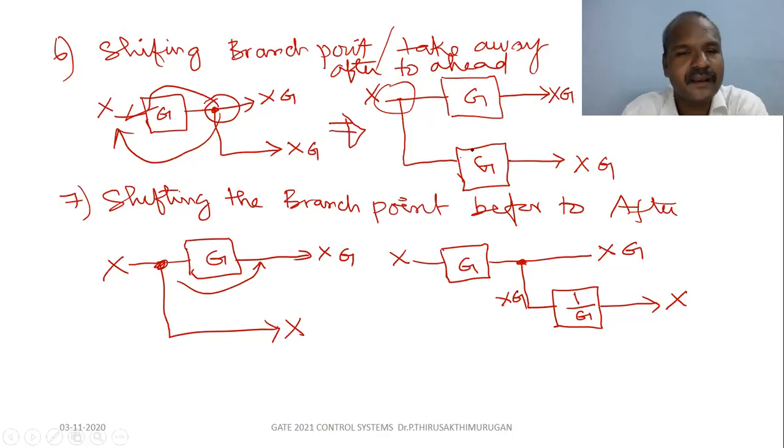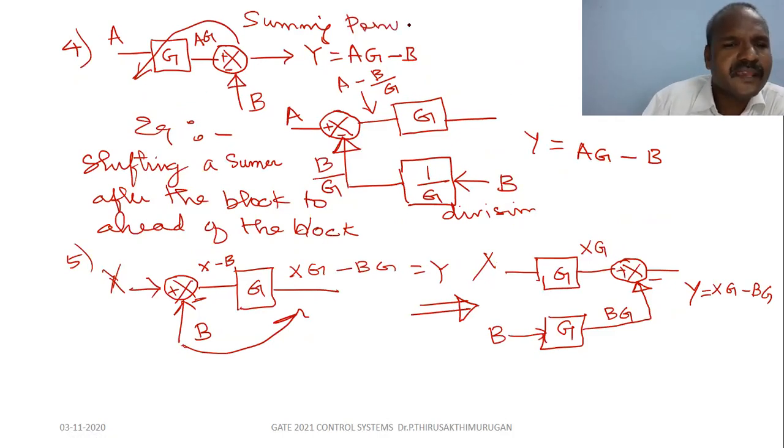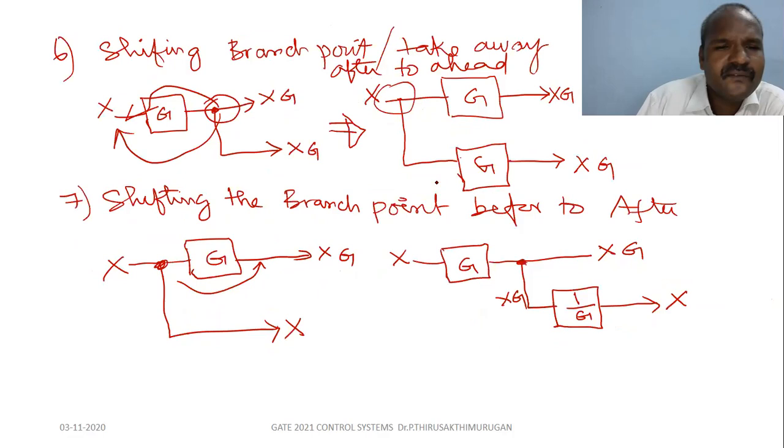If you go back to the shifting of the summing point, when shifting the summing point after to before, we divide the block gain value, G, 1 by G. Whereas, when we shift the branch or takeaway point from after to before, we are keeping the same G. Please remember.